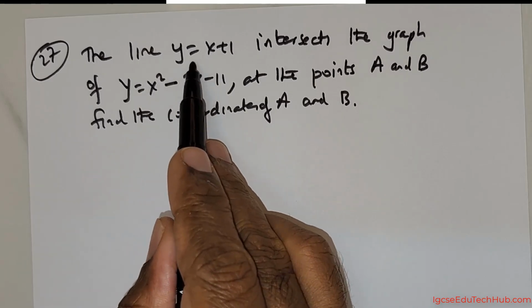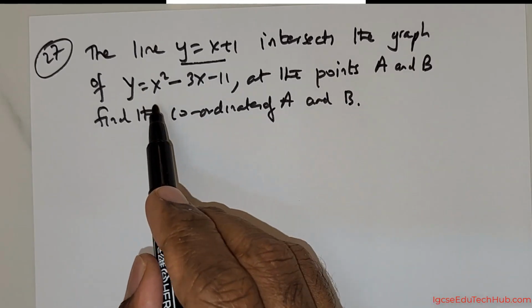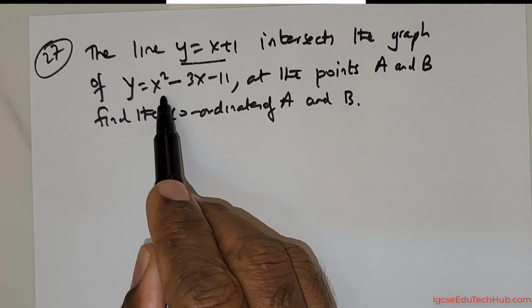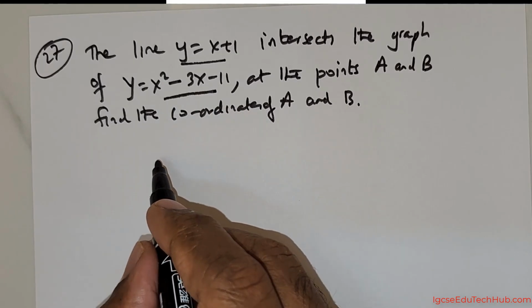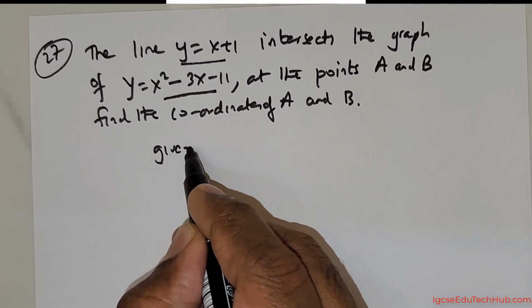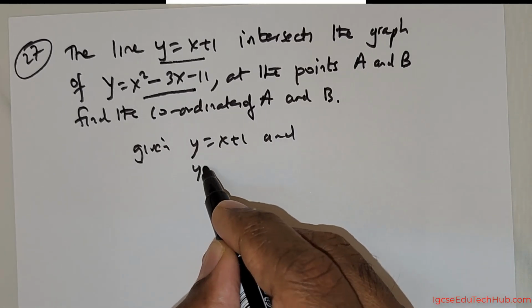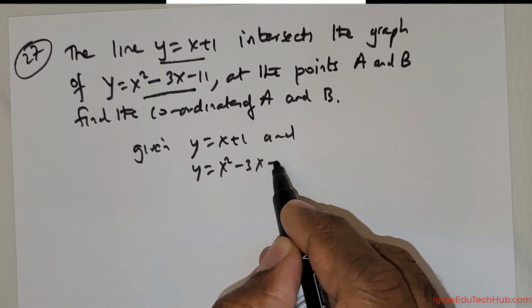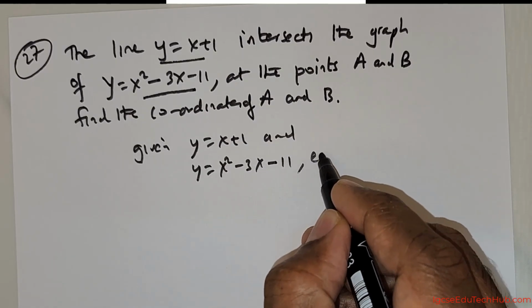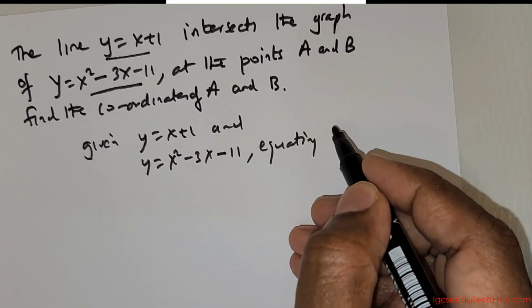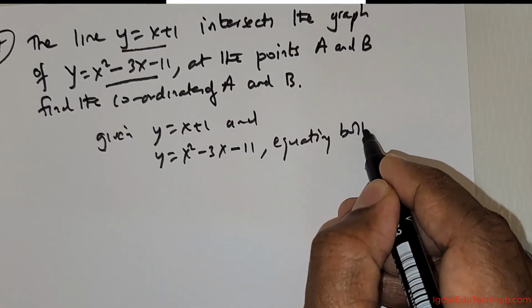Students, we are given that the line y is equal to x + 1 intersects the graph y is equal to x² − 3x − 11. So given y is equal to x + 1 and y is equal to x² − 3x − 11. What I'm going to do is equate both.